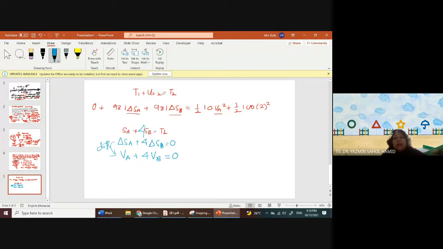So sekarang ni, kalau kita nak mudahkan, kita nak eliminate unknown VA ni, kita jadikan ada dalam sebutan VB. Sebab VB kita tahu. VB kita berapa? 2 kan? So kalau VA sama dengan negatif 4 VB, VA jadi berapa? Betul tak? Negatif 8. Faham tak?